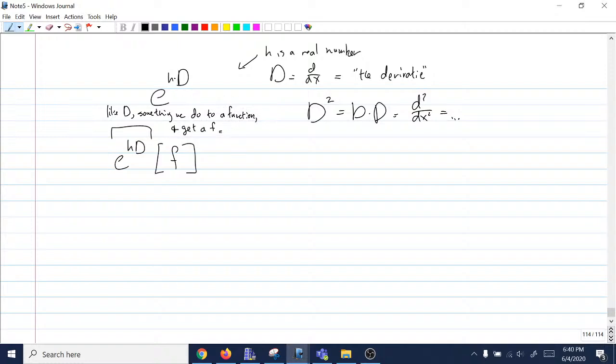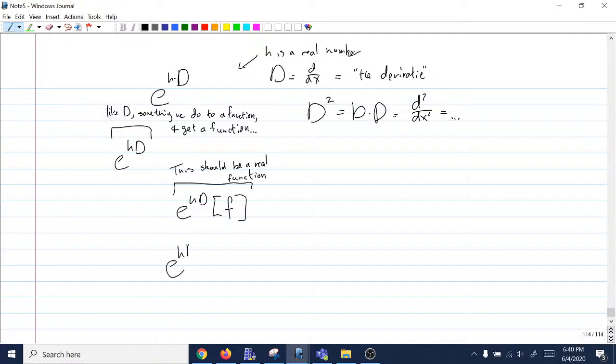It's an operator that moves functions to functions. So that's what e to the hD should be. When I ask what e to the hD of something is, the thing I should be plugging in is a function, and the output should be a real function. To understand what e to the hD f is, I plug a number into that function, and this should be a number.